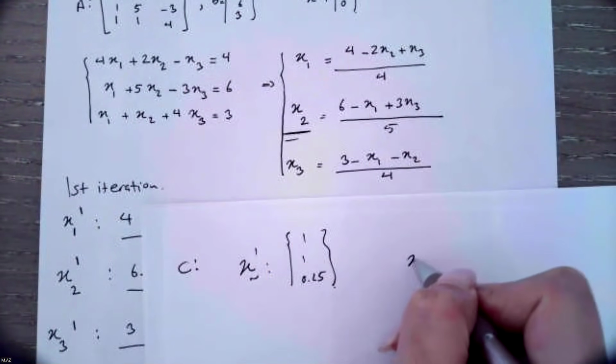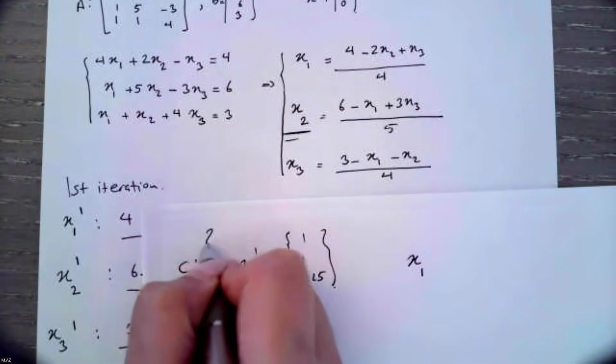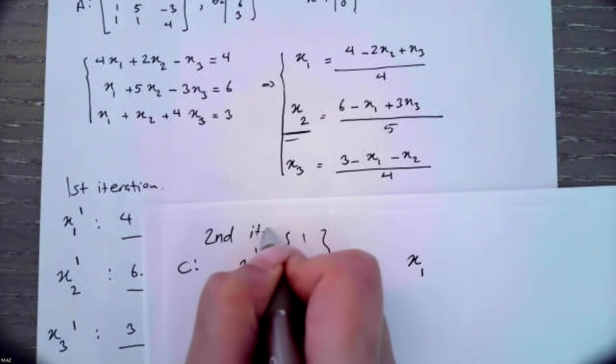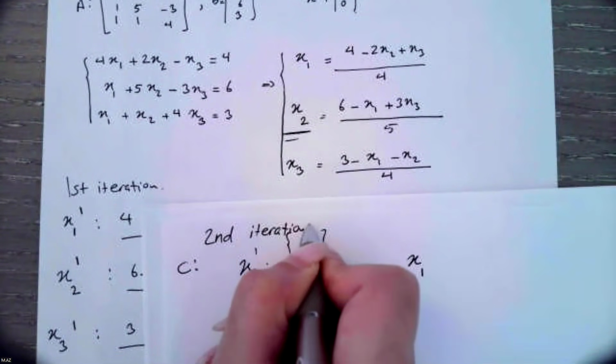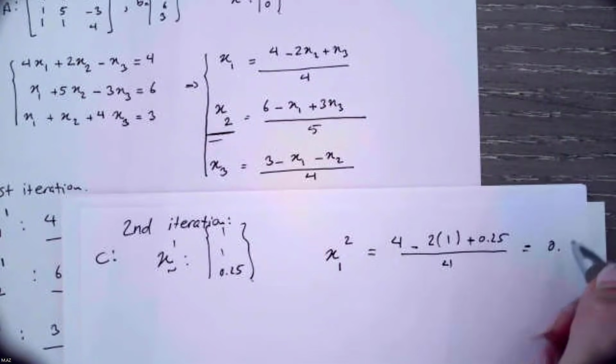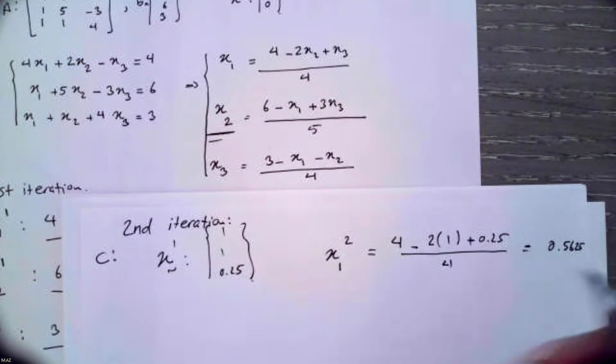The value of x1 for the second iteration is 4 minus, over 4. The value is 0.5625.